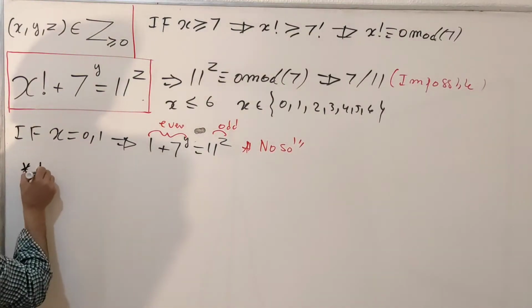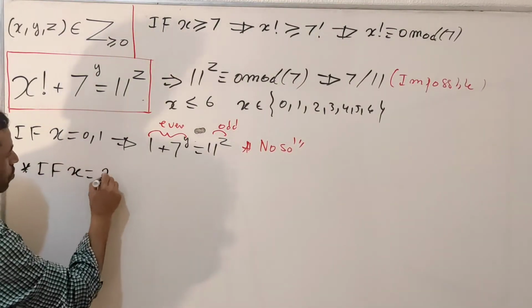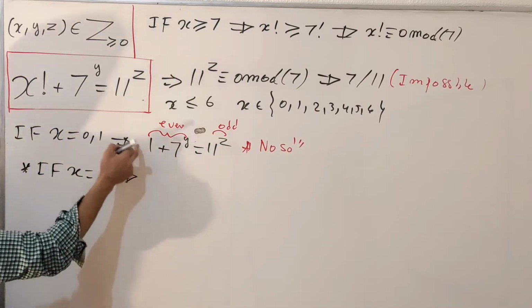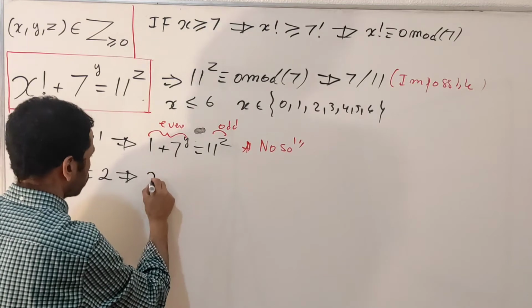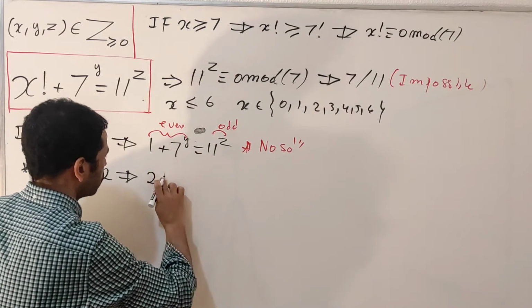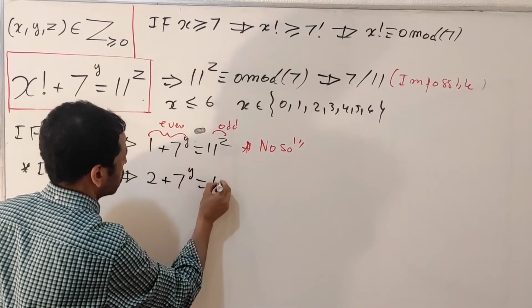Let's check if x equals 2. I do the same thing by replacing this value of x into the original equation. We have 2 factorial, which is 2, plus 7 to the y equals 11 to the z.